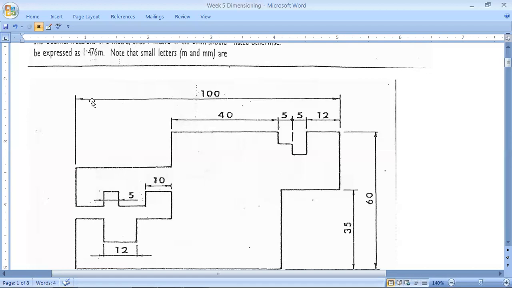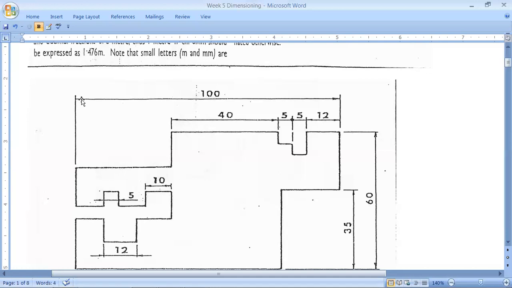Never place the dimension line at the end of the extension line forming 90 degrees. No, you need to leave a small part of the line at the top, which we call the tail of the dimensioning. Leave this space approximately 1.5 to 2 millimeter here.